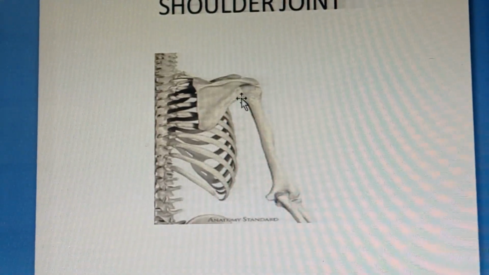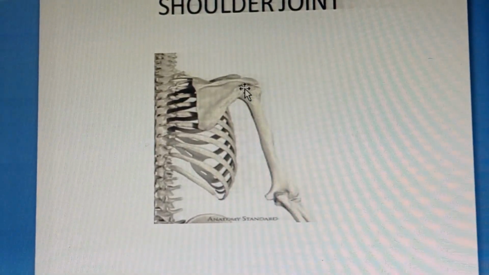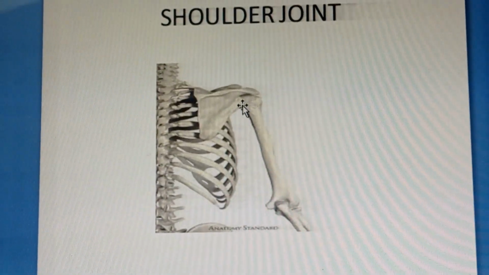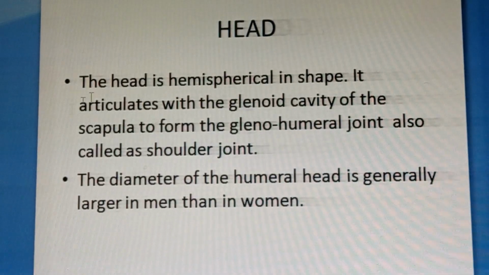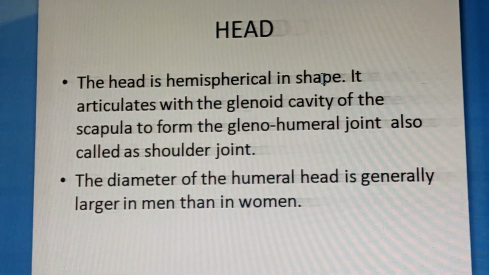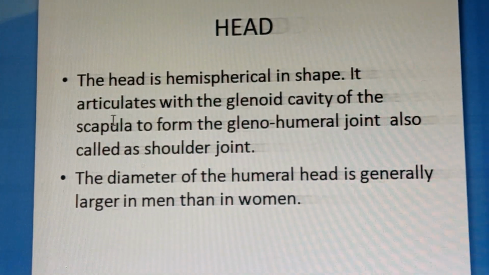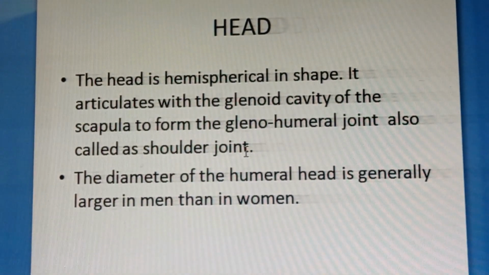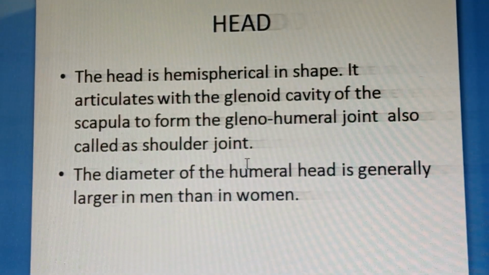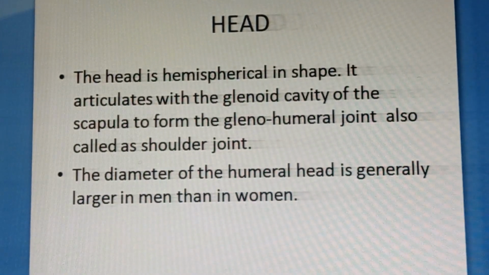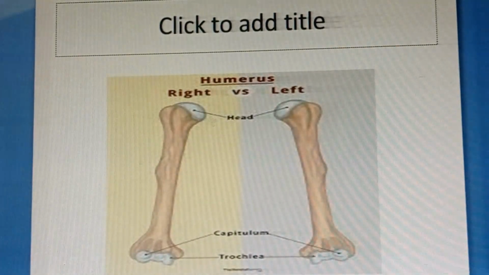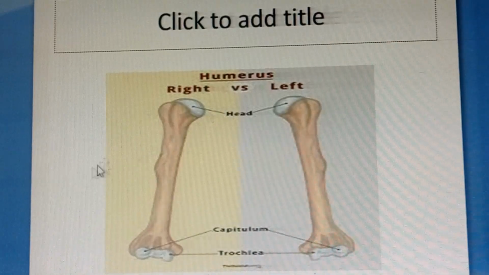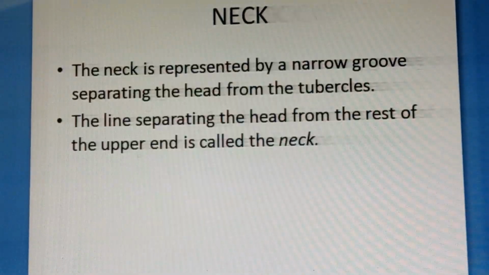The word gleno is from the glenoid cavity, and humeral is from humerus. The diameter of the humeral head is generally larger in men than in women. So the first anatomical landmark is the head, and it attaches with the glenoid cavity of the scapula to form a shoulder joint.